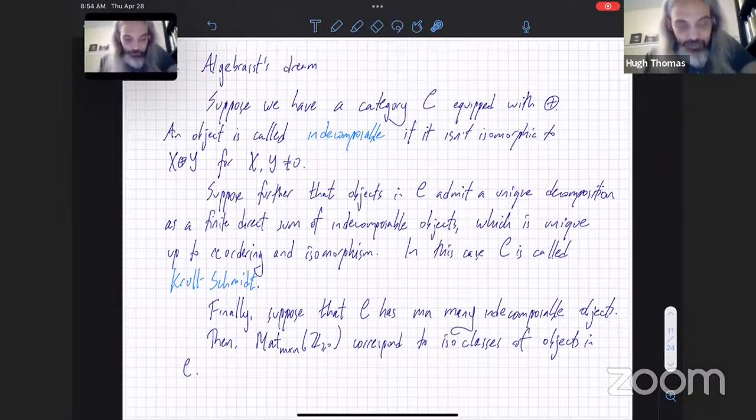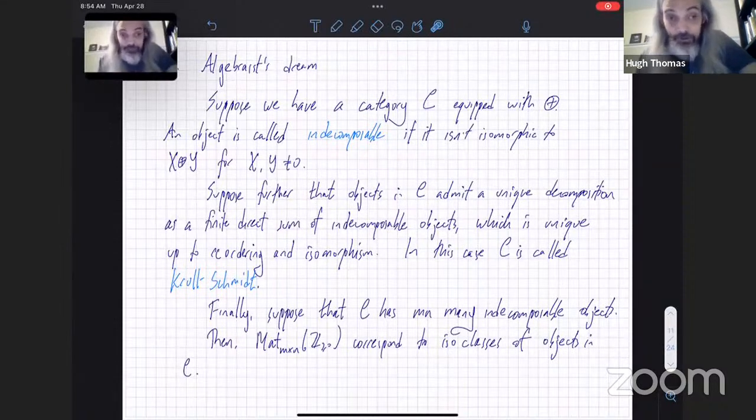In this case, the category C is called Krull-Schmidt, and lots of categories are Krull-Schmidt. And finally, let's suppose that C has m times n many indecomposable objects.